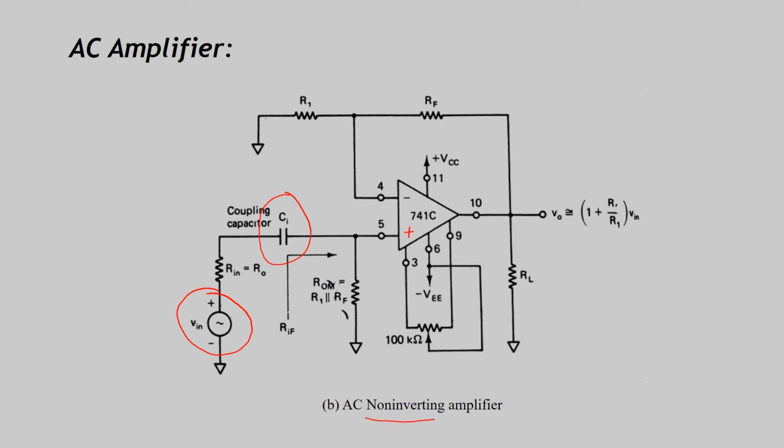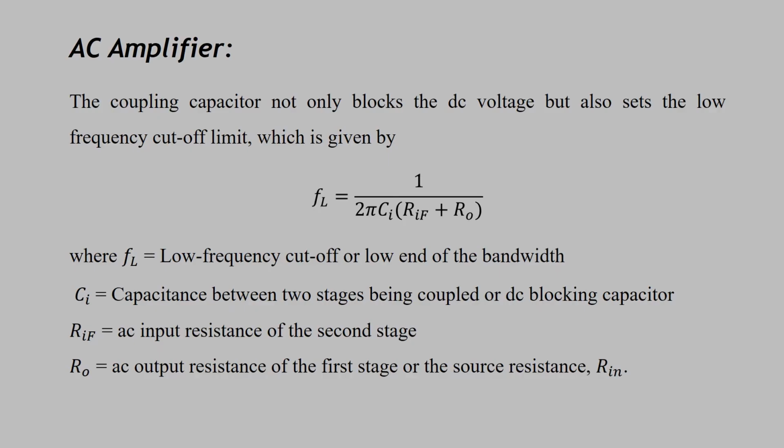And you can see the output V0 is 1 plus Rf by R1 into Vin, where Rf is your feedback resistance. The coupling capacitor not only blocks the DC voltage but also sets the low frequency cutoff limit.